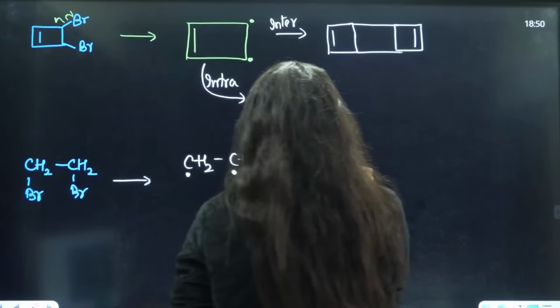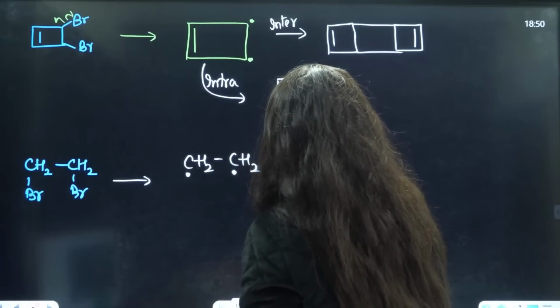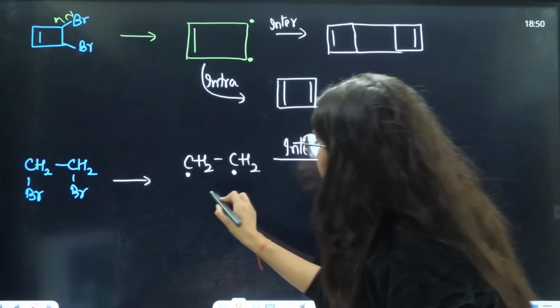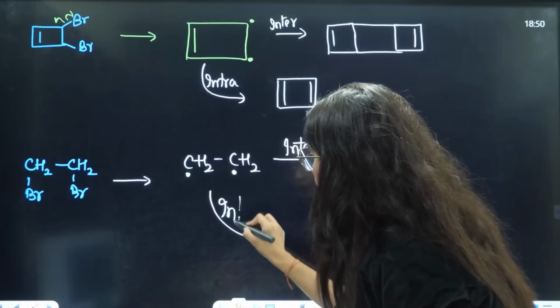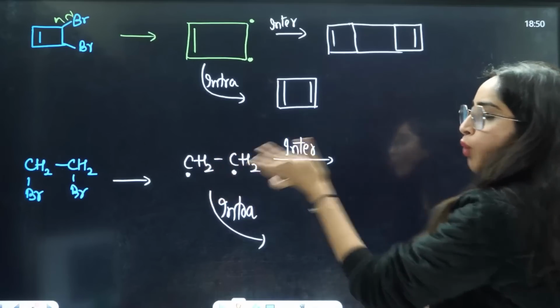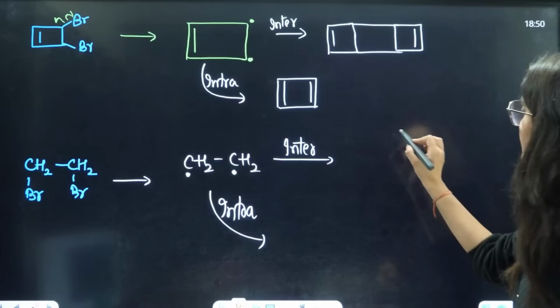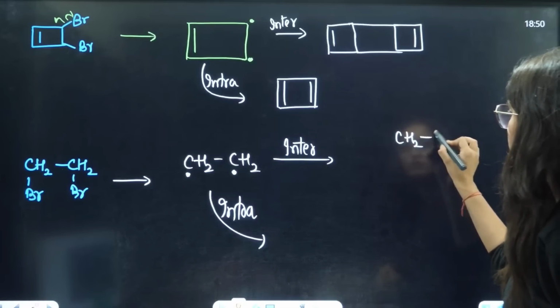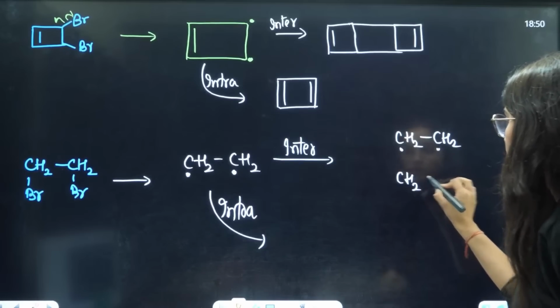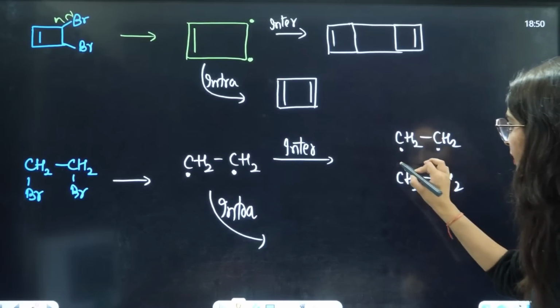Two things can happen here also. One is intramolecular, one is intermolecular. With intermolecular, what can happen? Two molecules will combine together. That means this will be CH2, CH2, free radical, CH2, CH2, free radical.